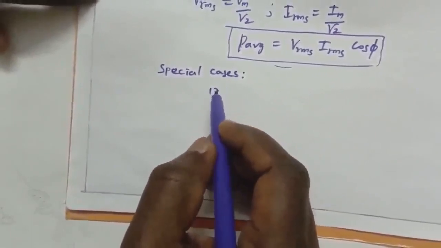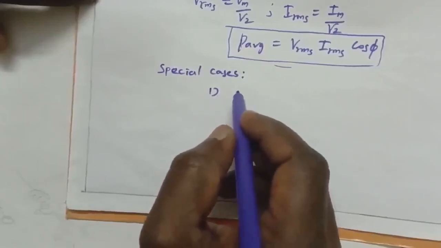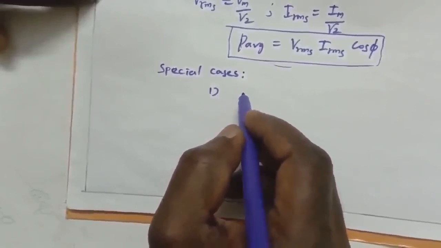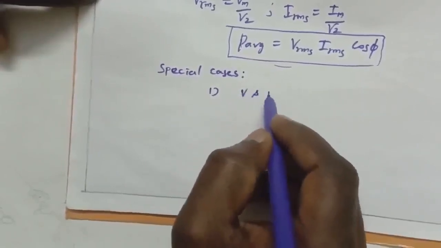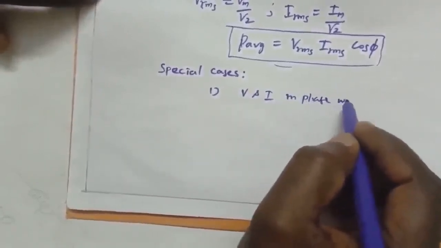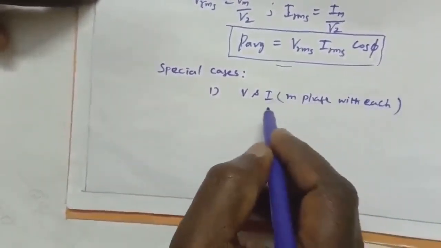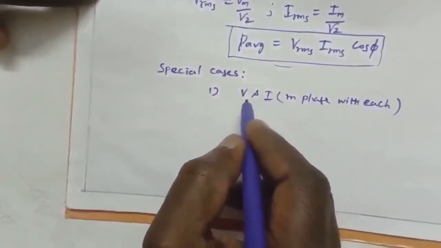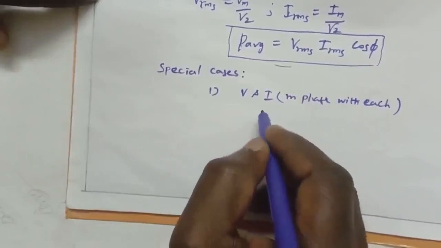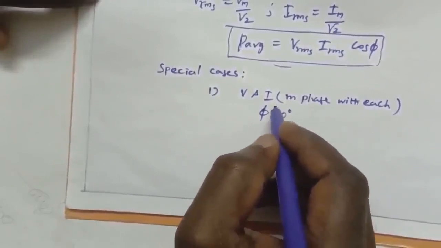In the first case, for a purely resistive circuit, the voltage and current are in phase with each other. Are you clear? So current and voltage are both in the same direction. So what is the angle? 0. The phase angle phi is equal to 0 in a pure resistive circuit.